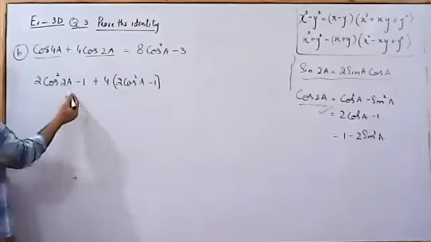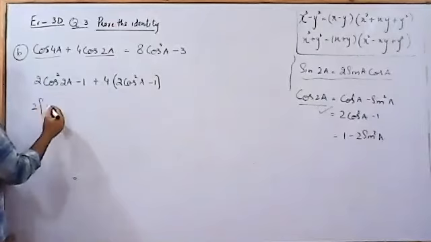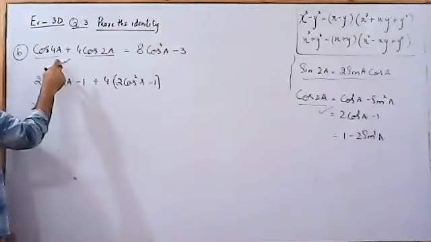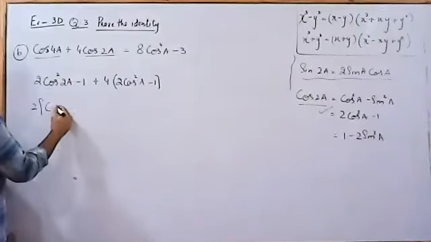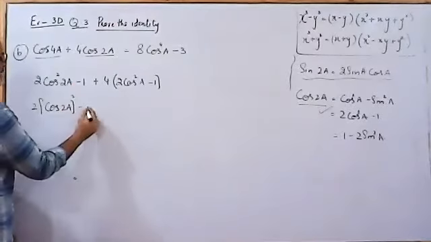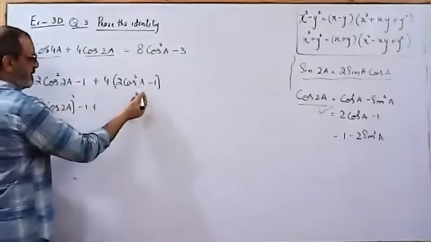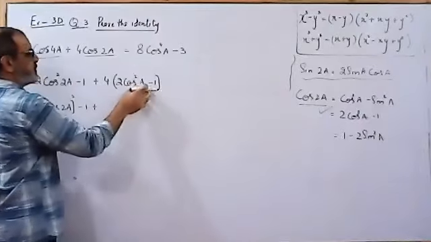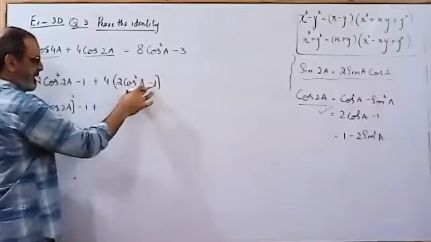This 2a again I have to change. The formula is for 2a, not for cos square 2a, so I'm writing it as cos 2a whole square. Here I got cos square a, so I'll have to keep the a.